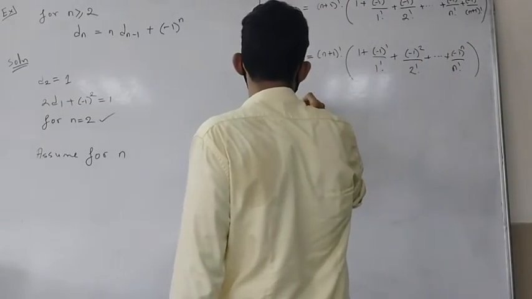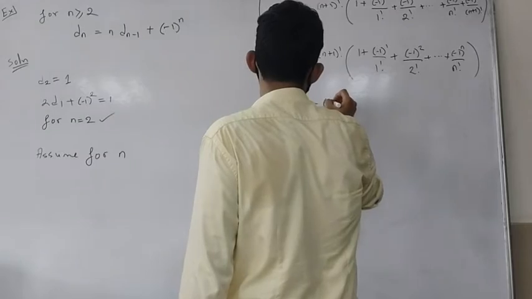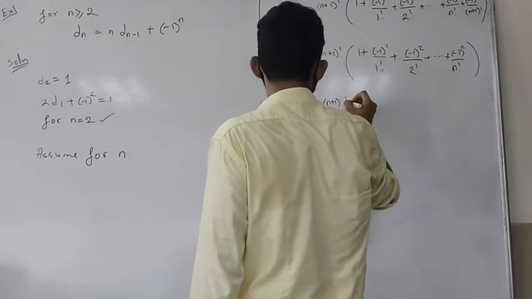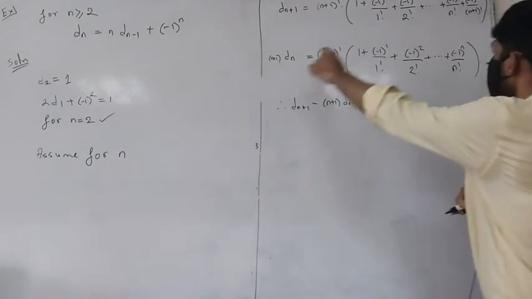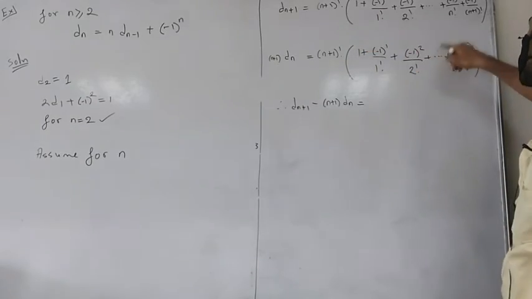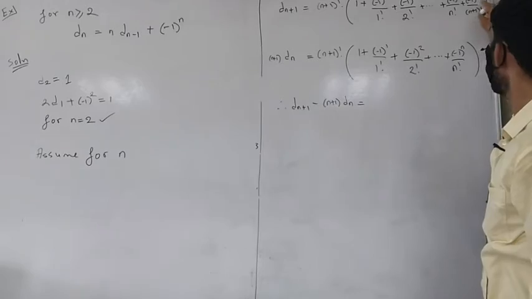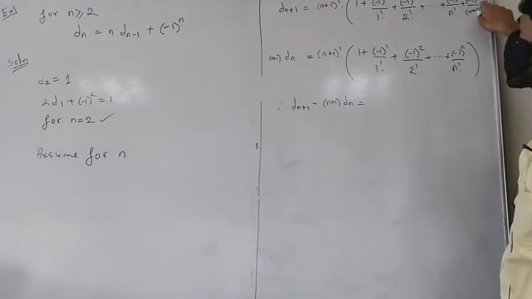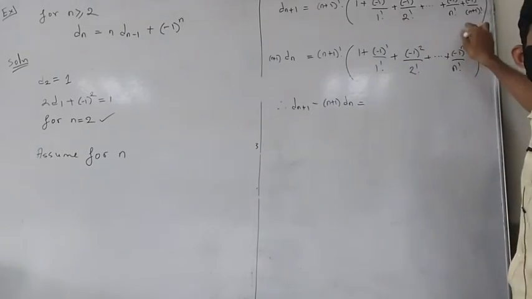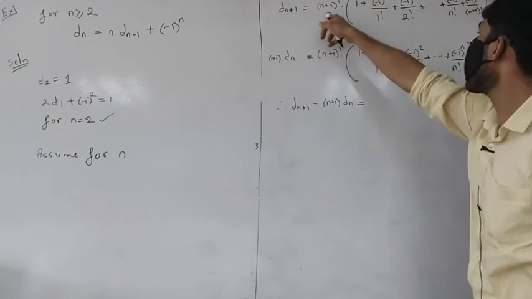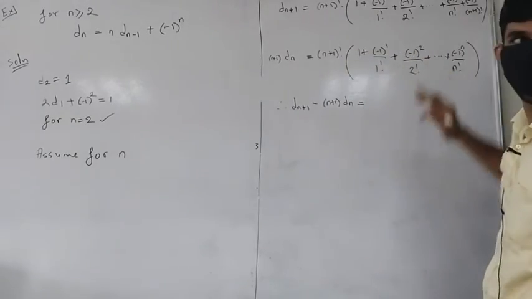Therefore, dn plus 1 minus n plus 1 times dn, what will this do? You can see here all the terms are going to get cancelled except for this one. Everything else will get cancelled, and that is n plus 1 factorial divided by n plus 1 factorial, which is 1.